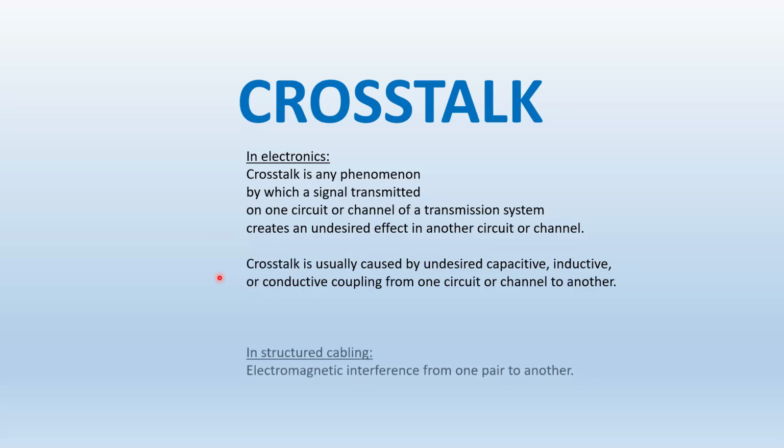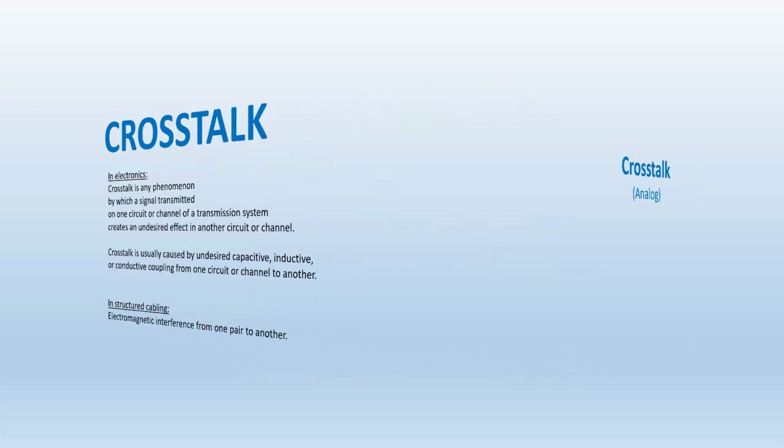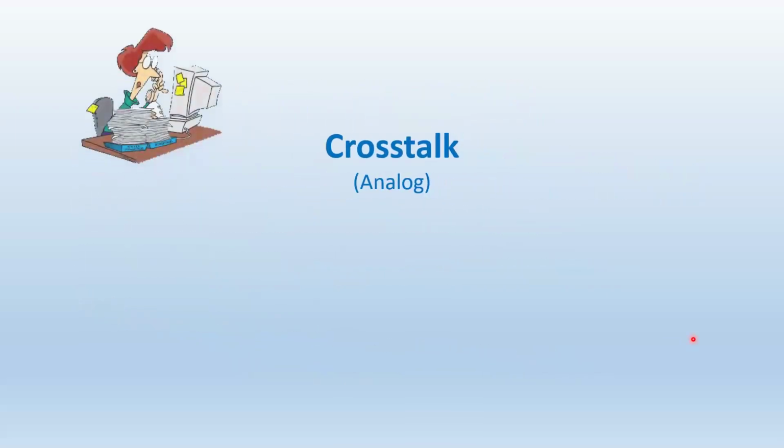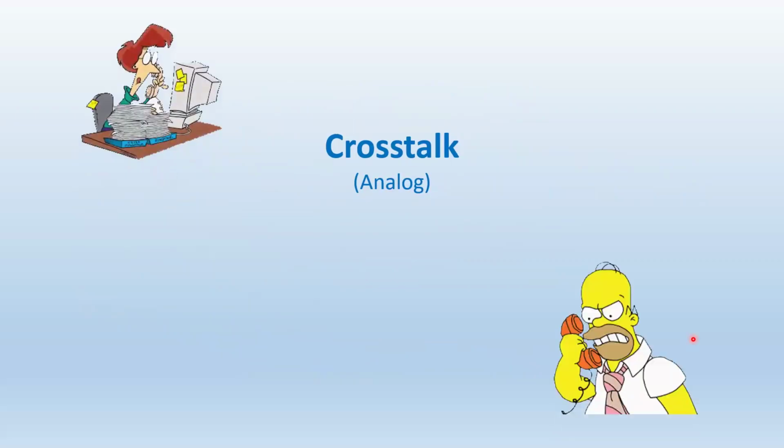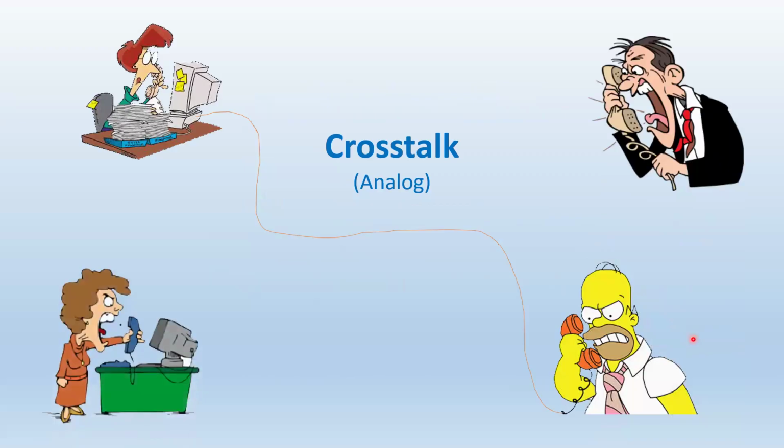All right. In structured cabling, crosstalk is electromagnetic interference from one pair to another. In analog system, let's say there's a conversation going on between these two wonderful people. And at the same time, there's another conversation going on between these other two wonderful people.